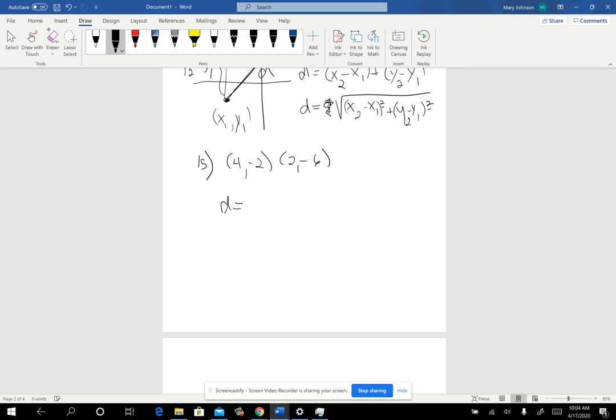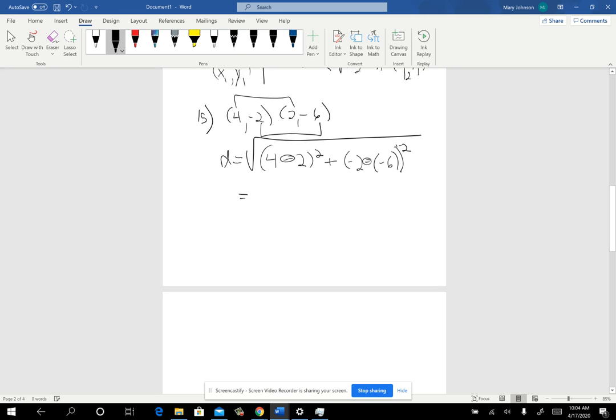So even if you subtract these backwards, you're going to get the correct answer. As long as you keep the x's together, so 4 minus the 2, and then keep the y's together, it doesn't matter if you do it in the same order or not. But make sure you're subtracting those. Then square that, add it together, take the square root of the whole thing.